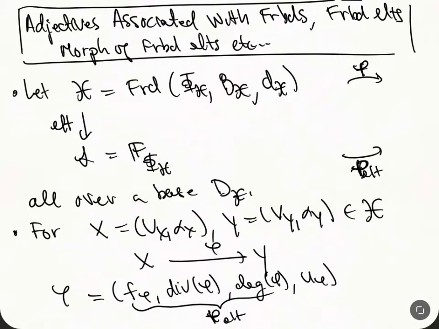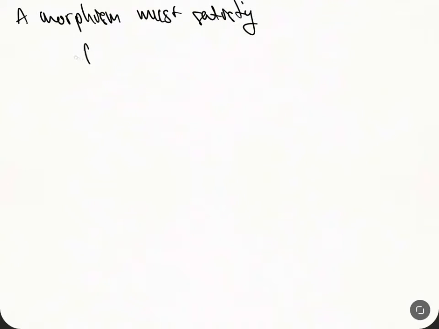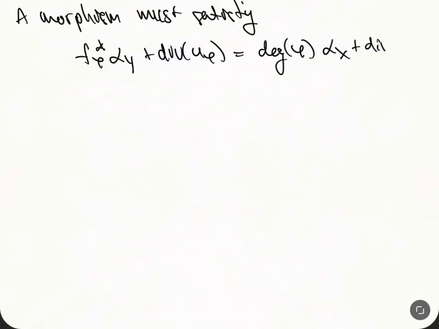Okay, and maybe it doesn't hurt to write it out again. The morphism must satisfy the following. Okay, and this is as of, so we have phi of x, and then v of x.